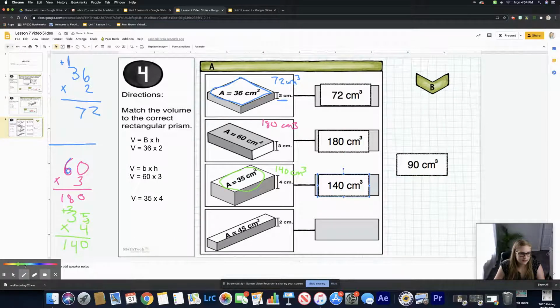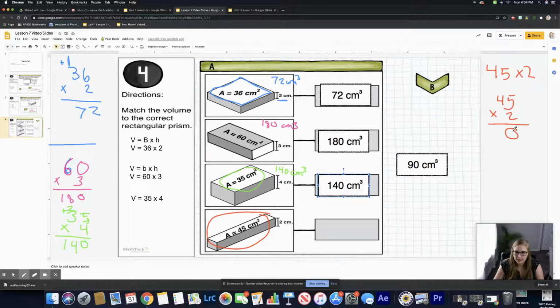All right, on to the last one. I'm looking at this problem here. The base of the problem is 45 times 2. So I'm going to rewrite it. 45 times 2. 2 times 5 is 10. Put my 0, carry my 1. 2 times 4 is 8, plus 1 is 9.